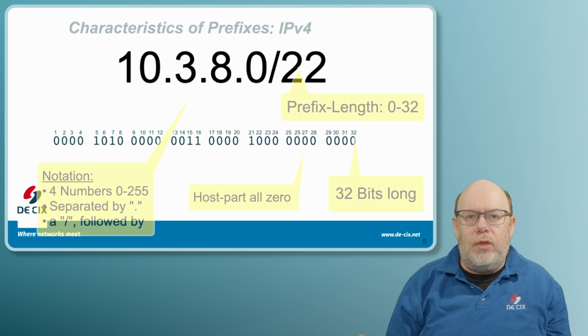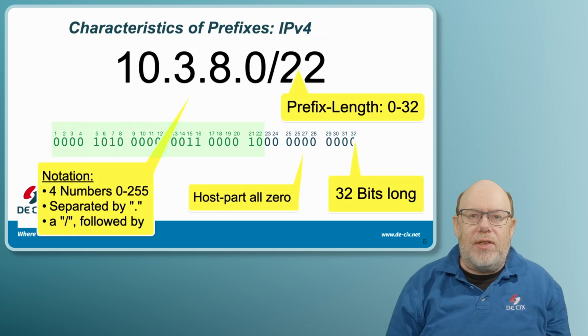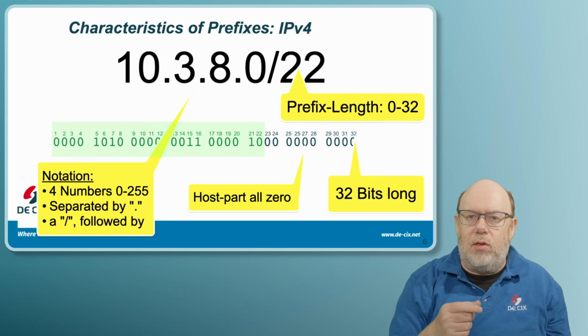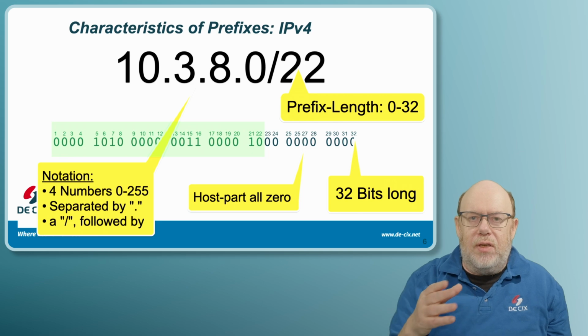IP version 4 addresses are 32 bits long, and even if we write them in decimal numbers with the dots in between, actually it's just 32 bits. And /22 in this case means 22 bits in the network part, and as a prefix the host part is all zeros.